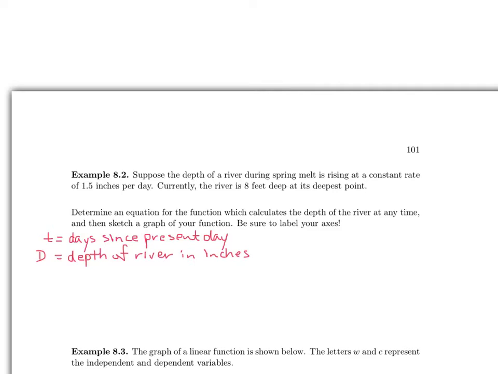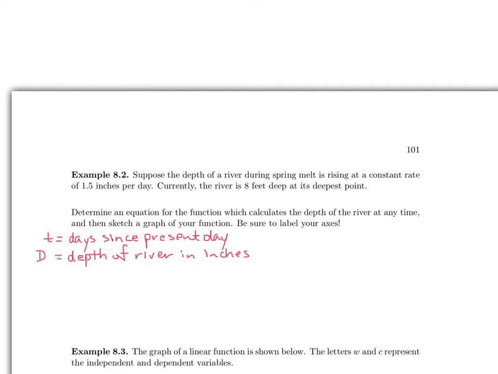Well, you are told that the depth is rising at a constant rate of 1.5 inches per day. Since the depth is growing at a constant rate, that suggests that the depth is growing linearly. So a linear equation would be appropriate for this situation.